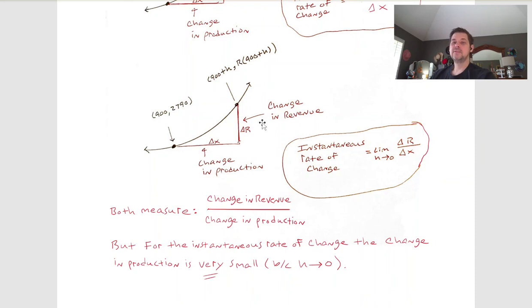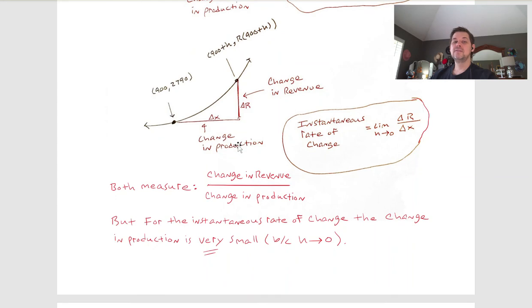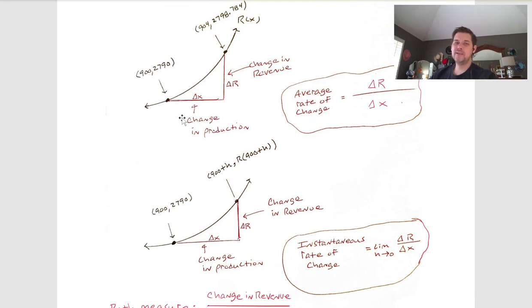And if the limit goes to 0, this point 900 plus H gets pushed over to the other one. So it measures the same thing, but with the change of production being extremely small, because the H is going to 0. That's pushing this point horizontally over to that one. Now, that's why we might get different numbers.